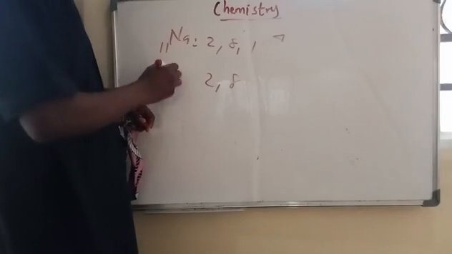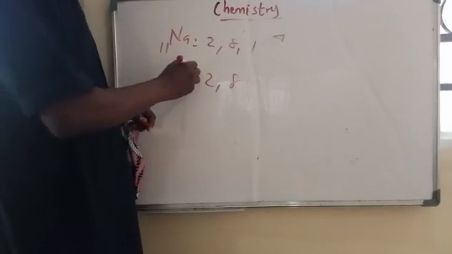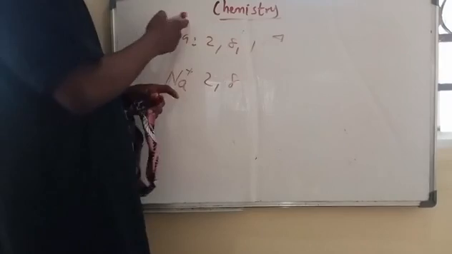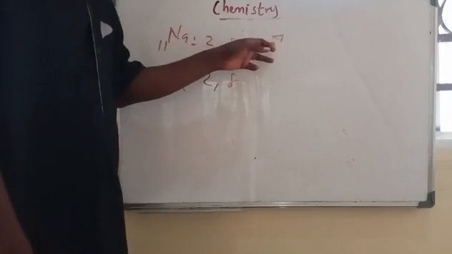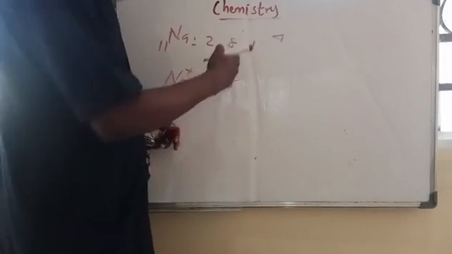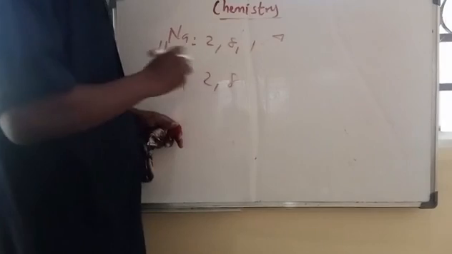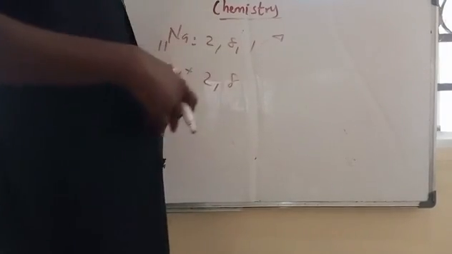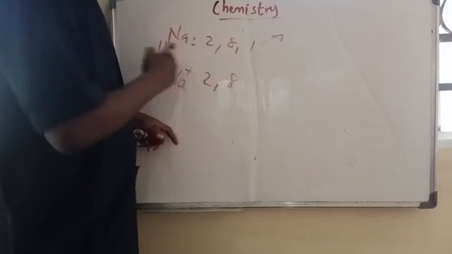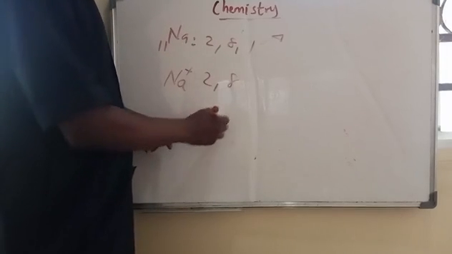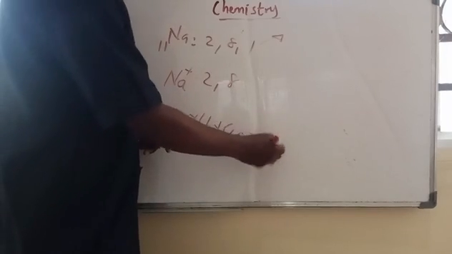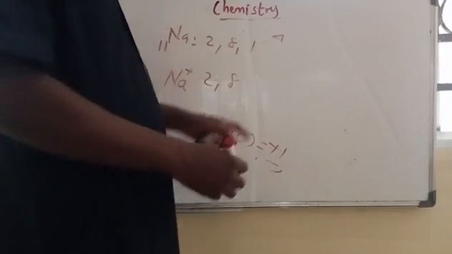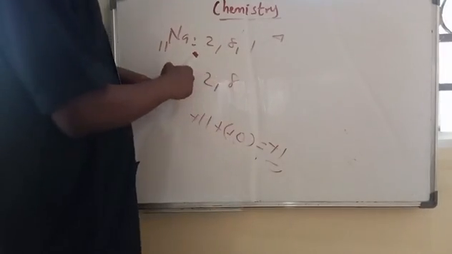It is no longer a neutral atom, because by the time it has lost one electron, the number of neutrons does not change. Neutrons reside in the nucleus and don't change. The protons remain 11. Then by the time you add the negative 10 of the electrons, you have positive 1 as the result. So the ion now becomes sodium positive.